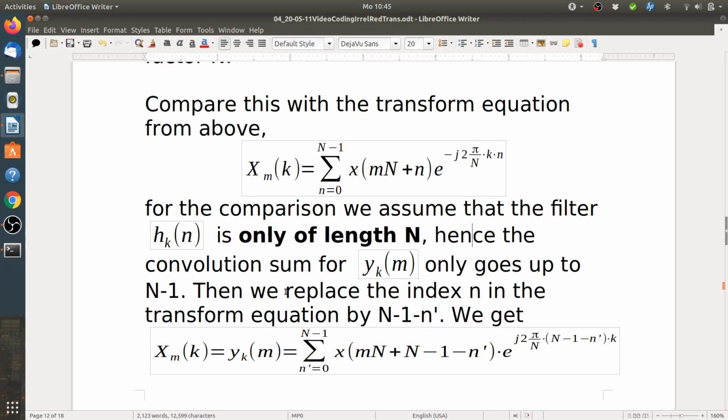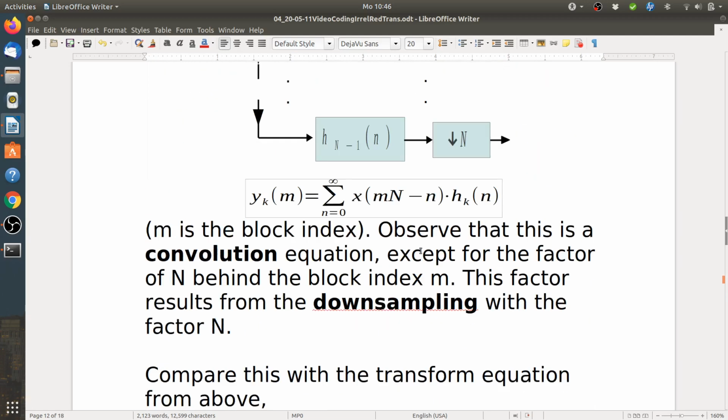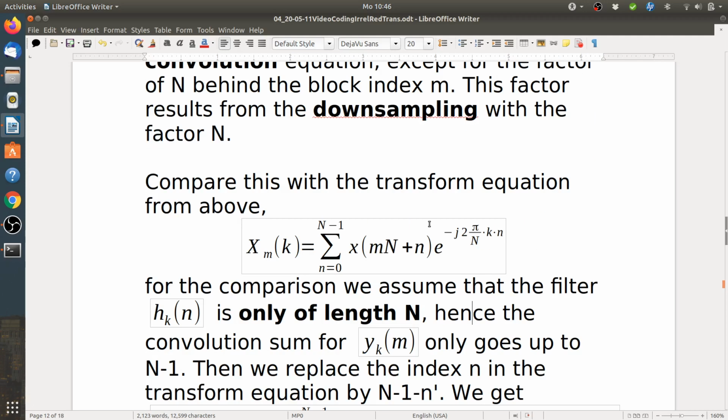To see the equivalence, we can do the index substitution here. We replace the index lowercase n in the transform equation by n-1 minus n prime to get the same sign here for the sum index as for the convolution. Remember, in the convolution we had a minus n, so n was the sum index, and here it's negative.